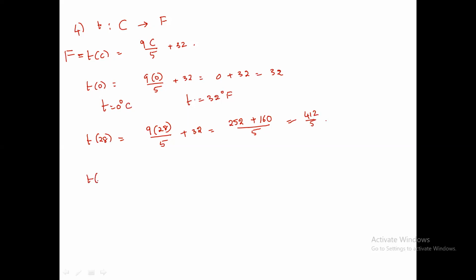Next, you have to find T of negative 10. So in place of C, you have to put minus 10. 9 into minus 10 by 5 plus 32. 9 into minus 10 is minus 90 and 5 into 32 is 160, by 5.